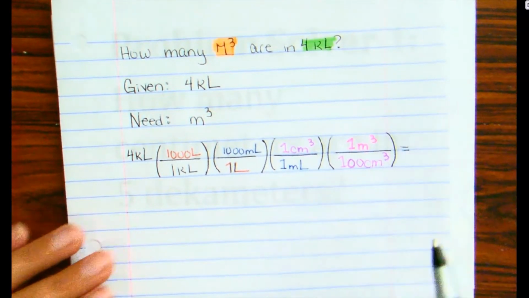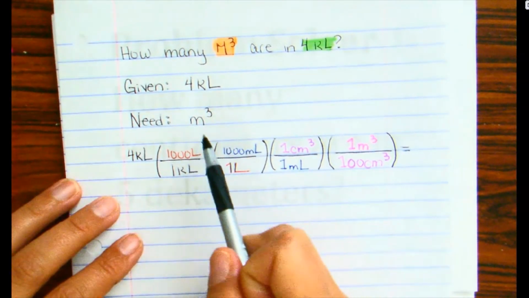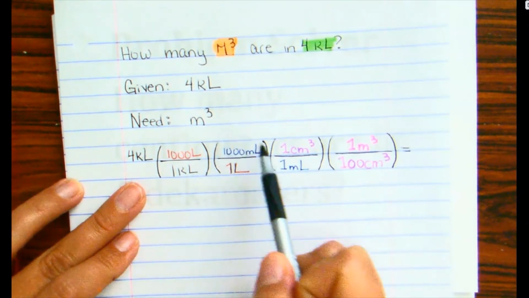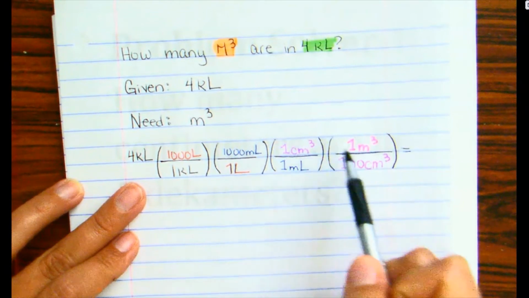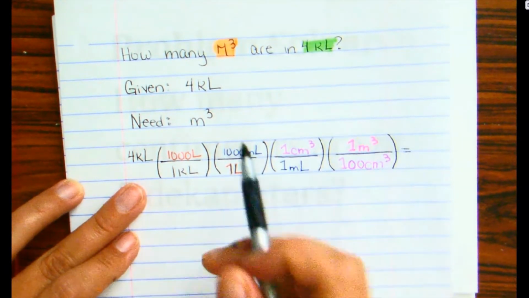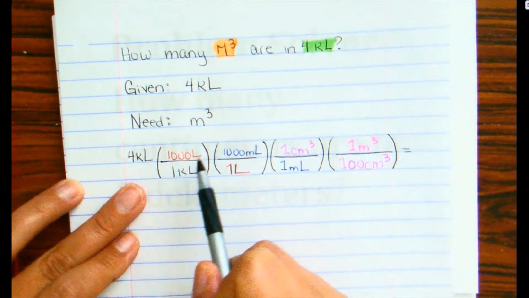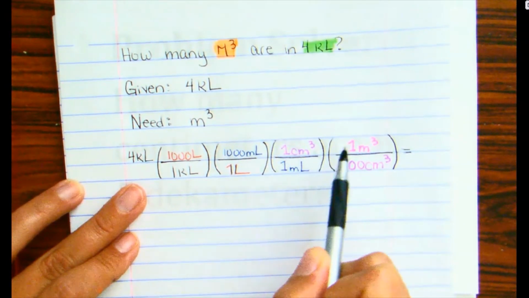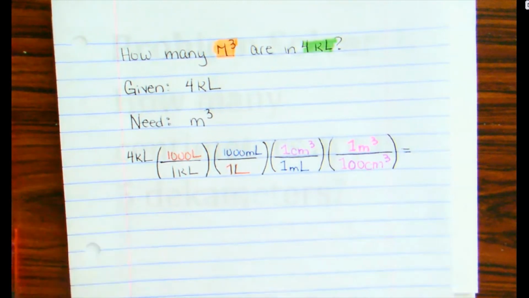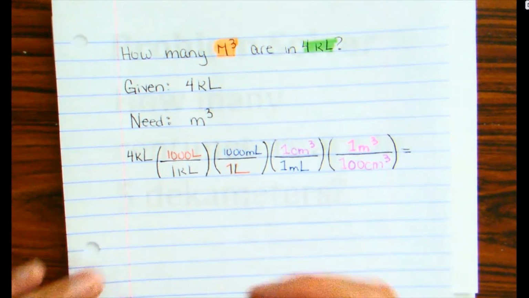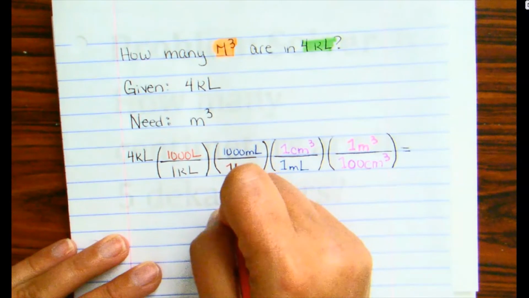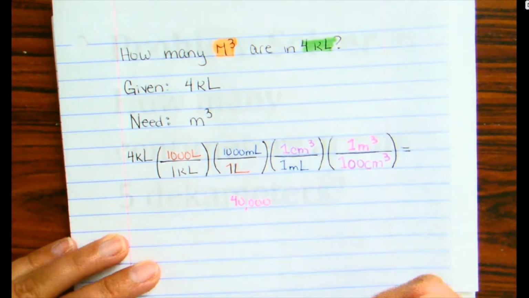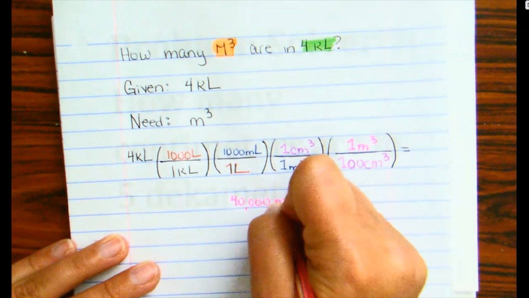If we look back, we can follow the cancel out. Kiloliters canceled out, liters canceled out, milliliters canceled out, centimeters cubed canceled out, leaving you with meters cubed. Remember, you multiply across and divide down, and that leaves us with 40,000 meters cubed.